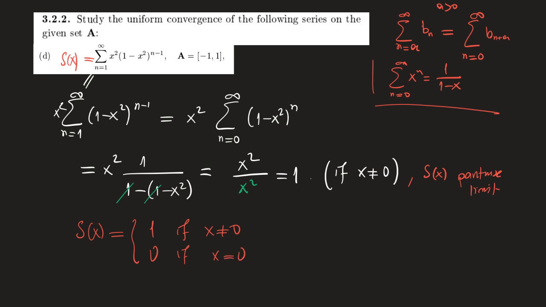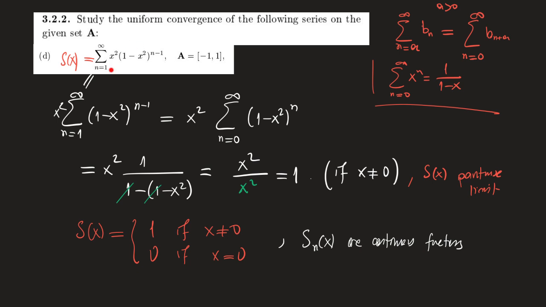Okay, and look at my partial sums, s of n's. They are just continuous functions, right? Because you are just summing finitely many of these functions at each x pointwise.